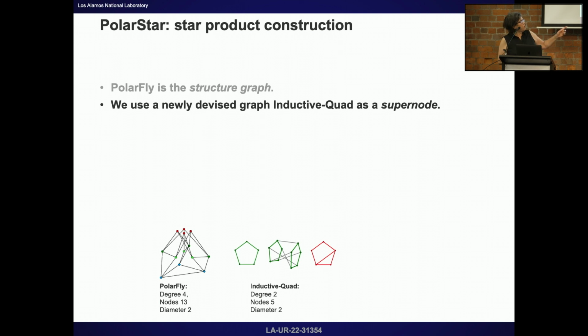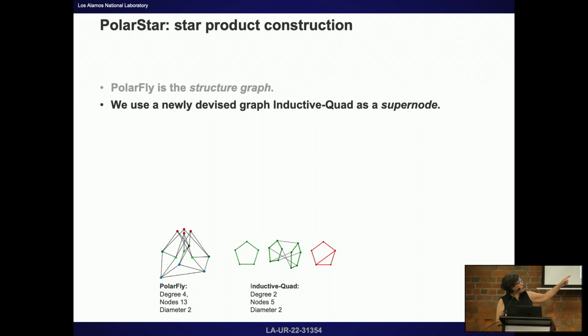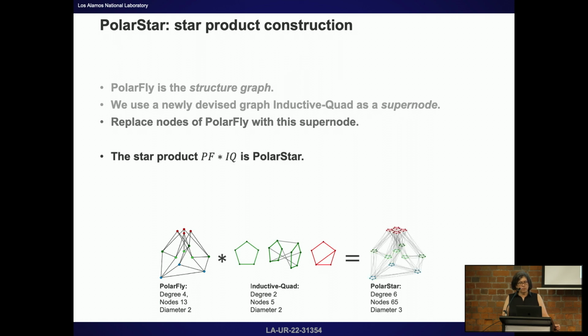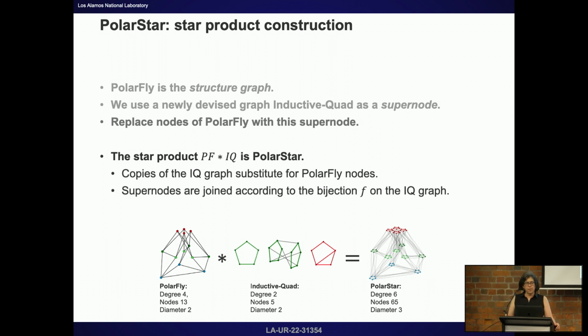And you can see, so the green is the original supernode, and then the 2 green that are joined together, that's how you actually join them, according to that function that I just discussed. And you replace the nodes with the supernode, then you get the star product. That is the star product. And you can see the structure there. It looks pretty much the same.